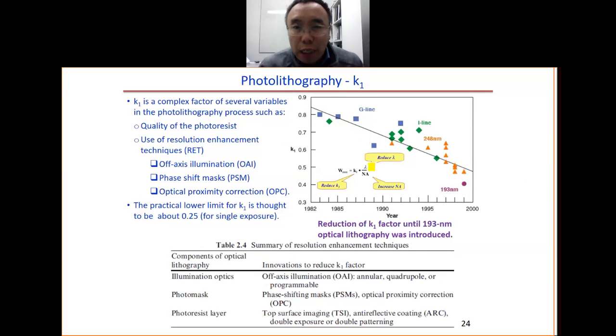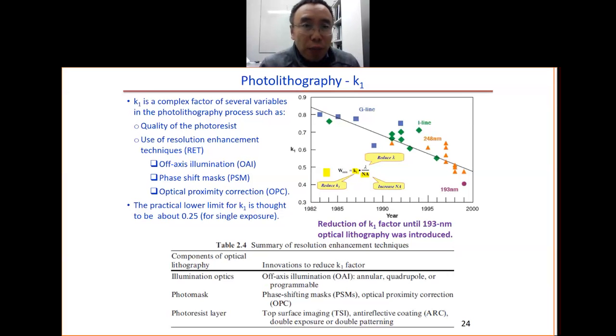So we have looked at how to improve the numerical aperture. Now we look at the K1 value. So this is something complicated. Anything not related to lambda and NA is put into this K1 factor. It depends on many things.